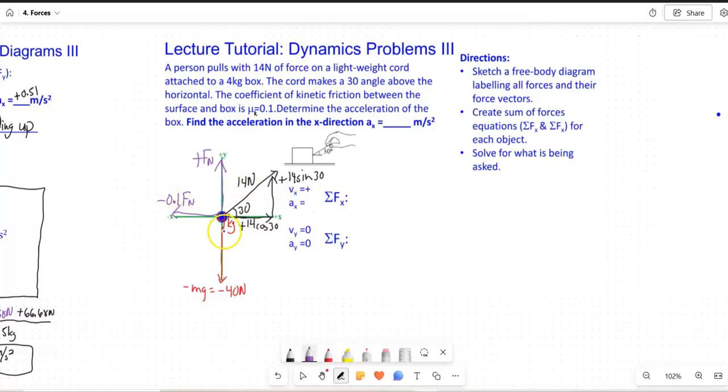Okay, let's start with the x direction. So we have this friction force and we have this pulling force. Well, the horizontal component of the pulling force. So here's the friction force. That pulling force is going to be positive 14 cosine of 30. And while I'm here, I'm just going to figure out what that is.